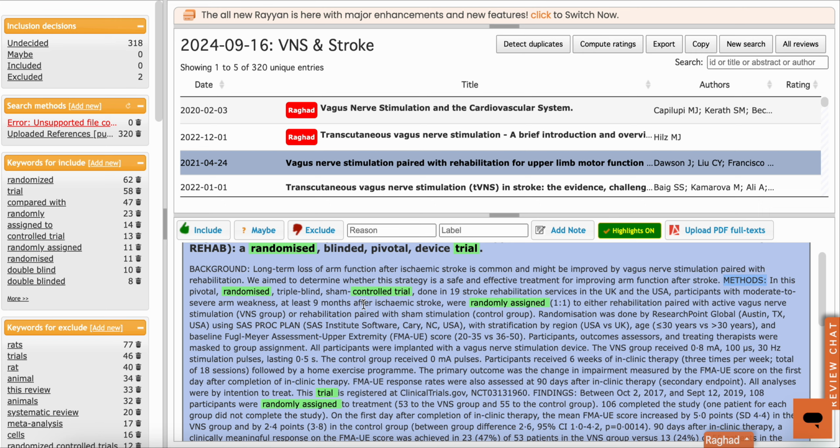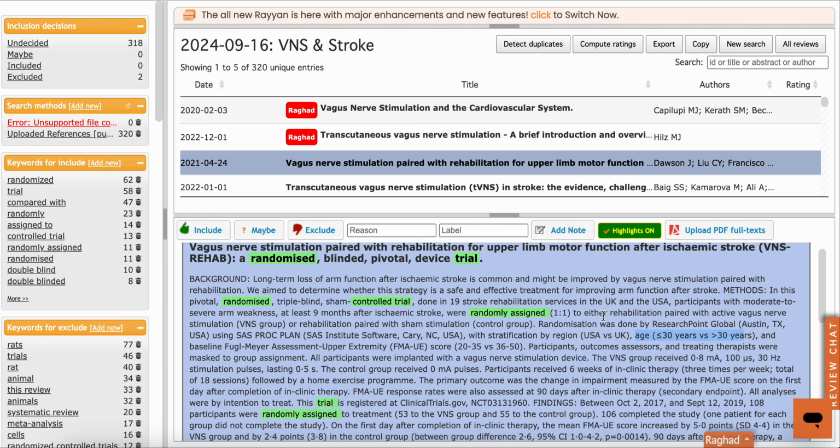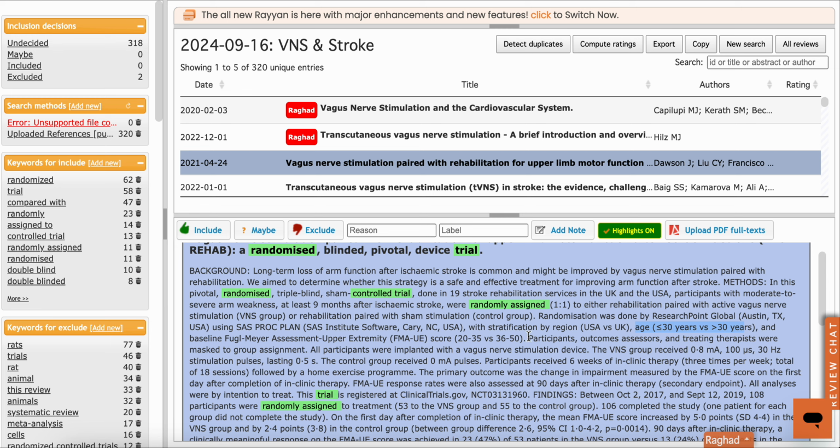The rehabilitation paired with stimulation cohort was randomized, after ischemic stroke, so it's our population. And our outcome also, the improvement in the function of the upper limb. So it is population, intervention, outcomes and study type. So this is included.